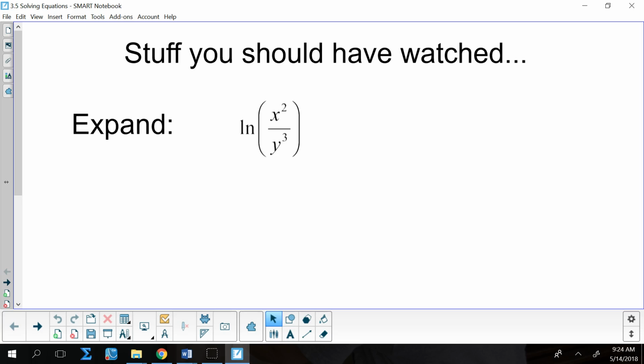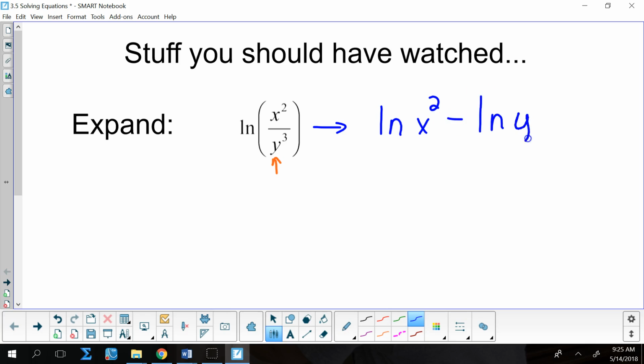With that being said, if I am expanding, that means I'm going to be writing multiple logs. Because it's a quotient in here, it's a dividing type of problem, I'm going to take the natural log of x squared minus the natural log of y cubed. If this were a log with a base, then instead of natural logs, those would be logs with the exact same base as what I started with.